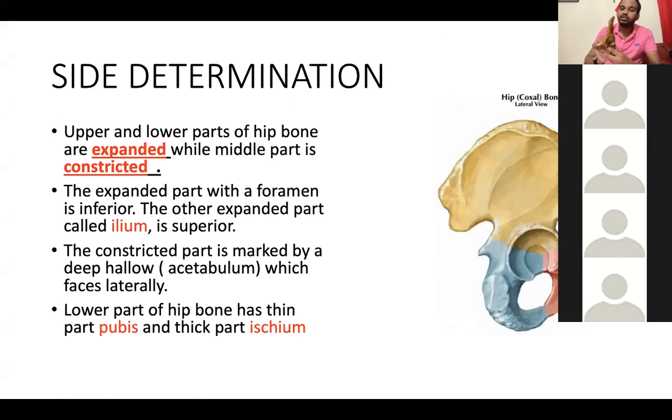Now the same hip bone, if I put in my right hand, we will see how it goes. The upper expanded part, ilium, is above, yes? The lower expanded part with the foramen is below. Okay, satisfied?